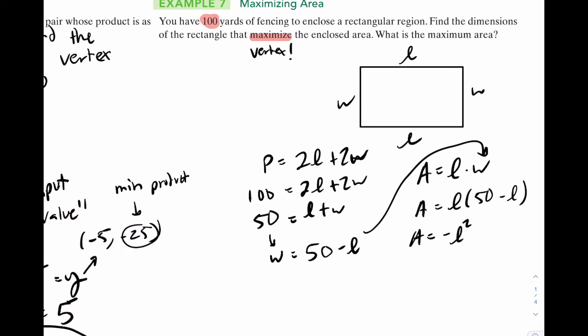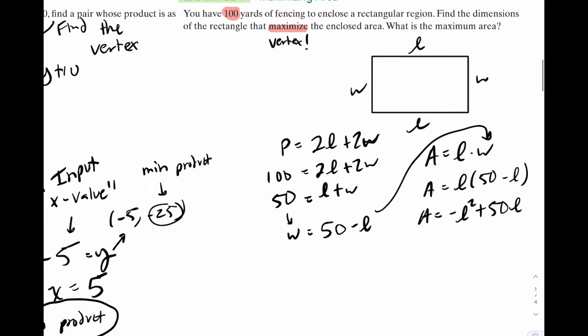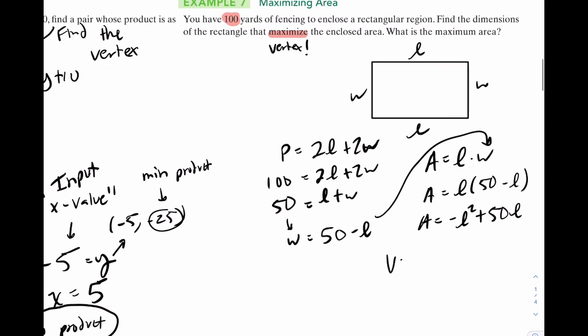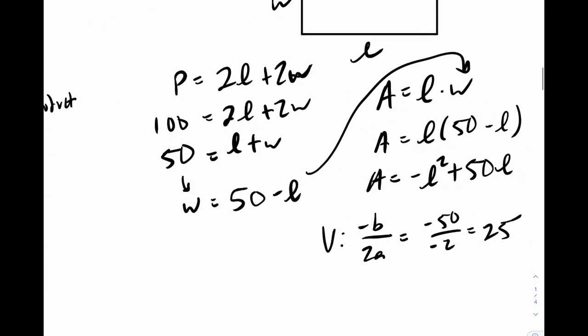That's negative L squared plus 50L. Let's find our vertex. So vertex is going to be negative b over 2a. That's negative 50 over negative 2, which is 25. Now remember, this is your x value, or the input. So in this case, that's your length. We just found 25 is the length.